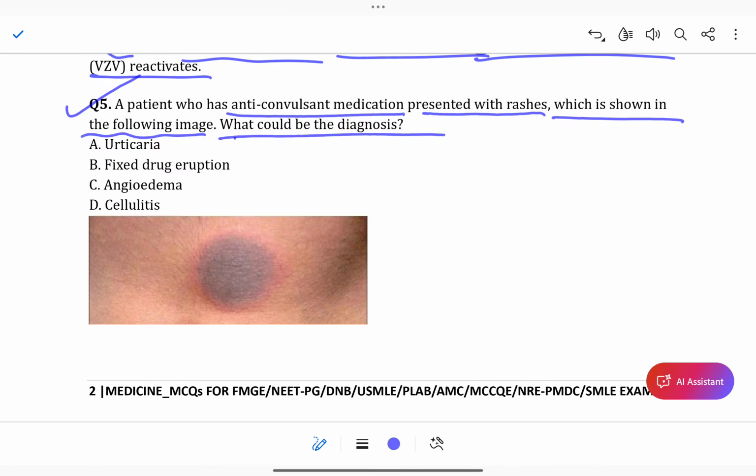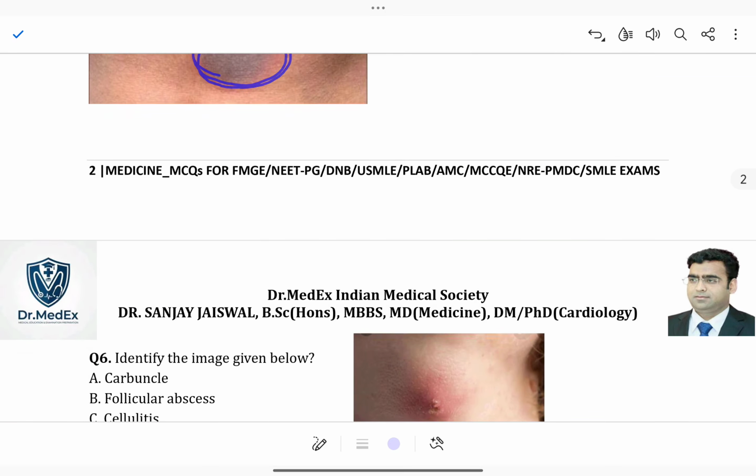He is already taking anticonvulsant medication, so our main aim should be any type of reaction to medication, that is fixed drug eruptions, a side effect of medication. See this image, very spotted lesions in the dark. So this is fixed drug eruptions.